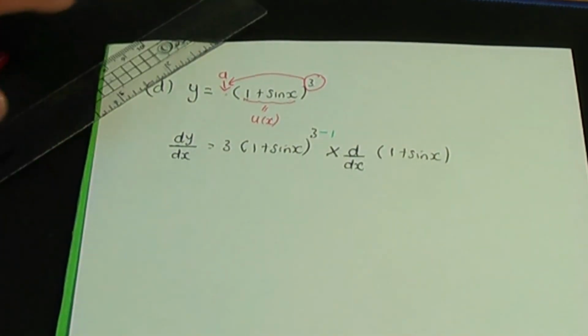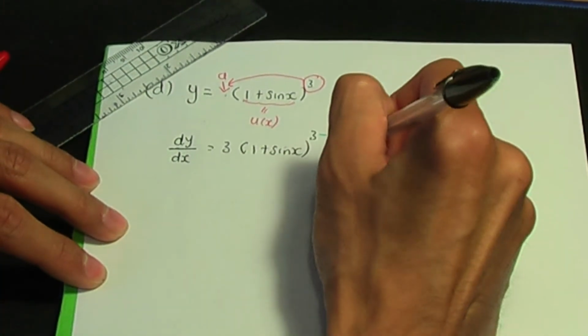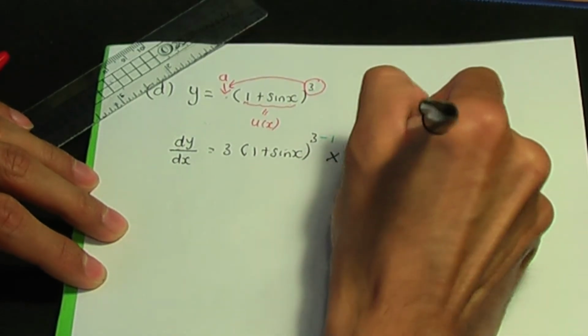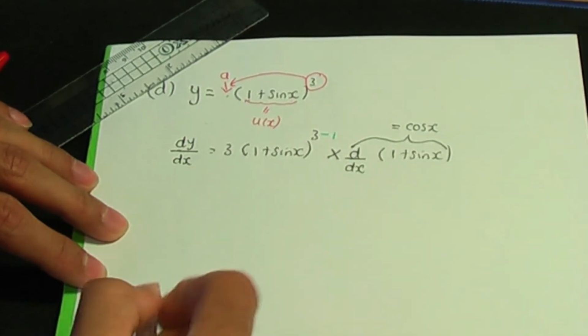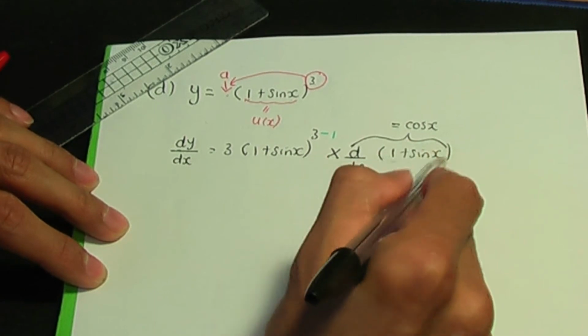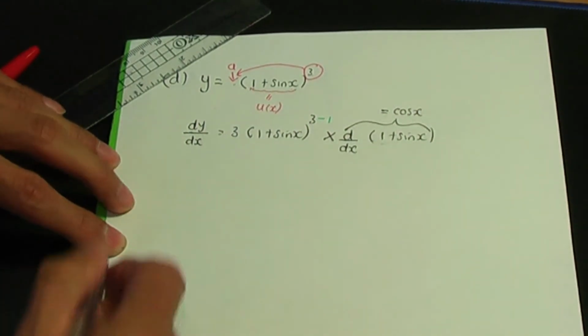So what needs to be done now is just to tidy this up. So d by dx of 1 plus sine x. When we differentiate such a term, we're going to have cos x. When you differentiate 1, that is 0. When you differentiate sine x, that's a standard result. You should get cos x.